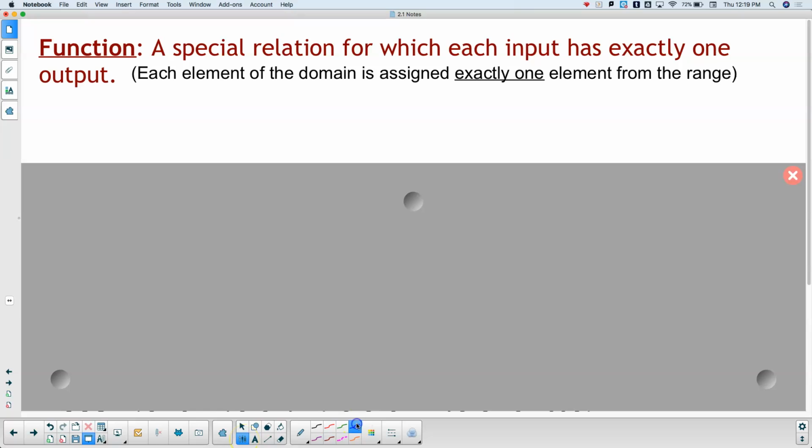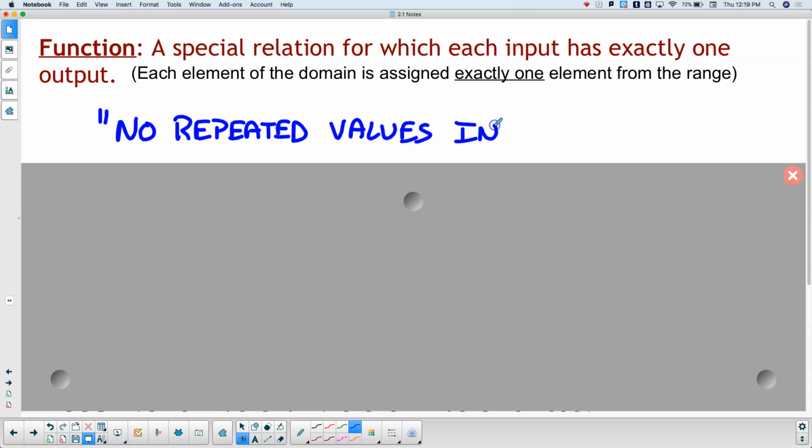The big test is there are no repeats in the domain. No repeated values in the domain.